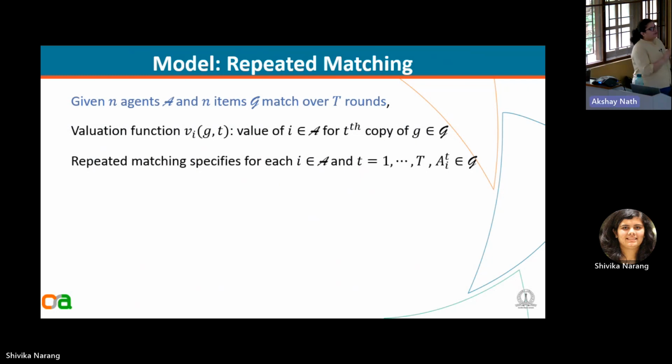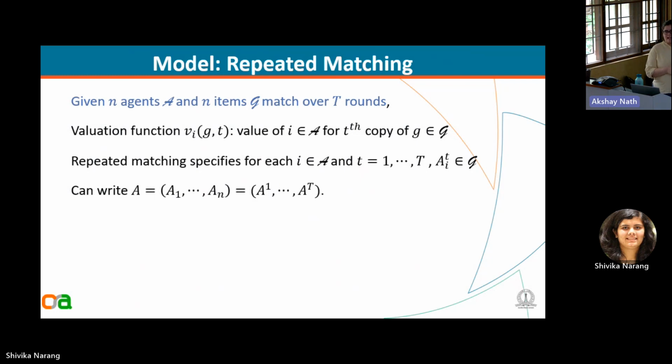So if I look at it from the space of overall T rounds, I can either look at it as: agent 1 is getting this item K times, the other items L times, or I can look at it as: this was the 1-1 matching for the first round, then for the second round, then for the capital T-th round. What we find is that if you give me one way of looking at it, I can come up with something that does the other, right?